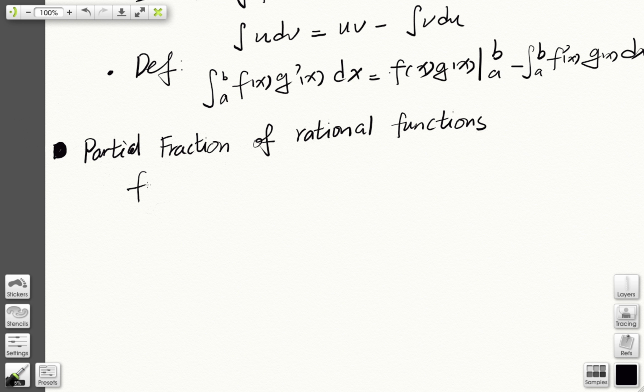So this means we have an expression f of x over g of x, where f of x and g of x are polynomial functions.